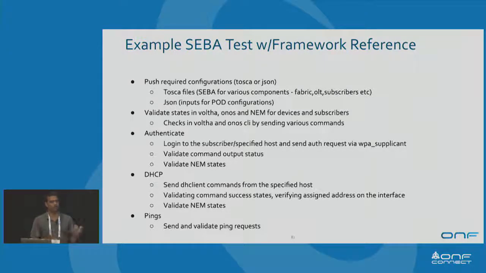We have a number of physical pods, but each pod is different in terms of where the PON ports are plugged into, how many OLTs are connected to it, how many ONUs, and how many subscribers are actually connected to the device, and also information such as the CNS tags of the subscribers that you want to configure. So each pod itself will have its own Tosca recipes.